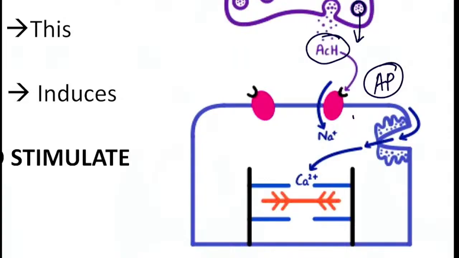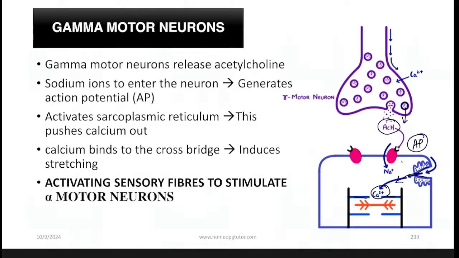So when the sarcoplasmic reticulum is activated, they push out the calcium, and this calcium will bind to the cross bridge. Once they bind to the cross bridge, they induce stretching, and that is the reason they are going to activate the sensory fiber. In turn, they are going to stimulate the alpha motor neurons.